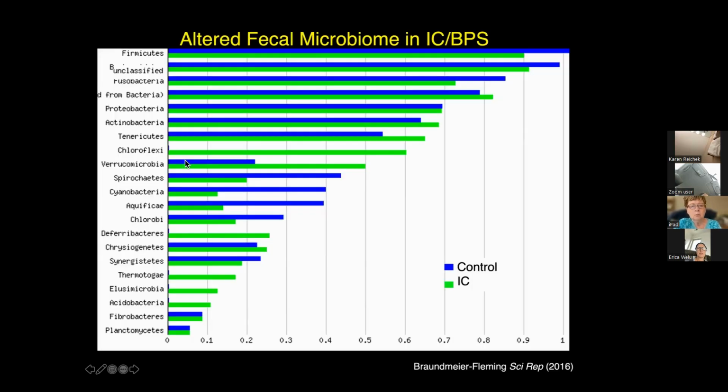However, in some of these, we can see that there's a huge expansion of some classes of bacteria in IC patients relative to controls. And in a couple of others, there's actually a deficiency of these classes of bacteria in IC patients relative to controls.